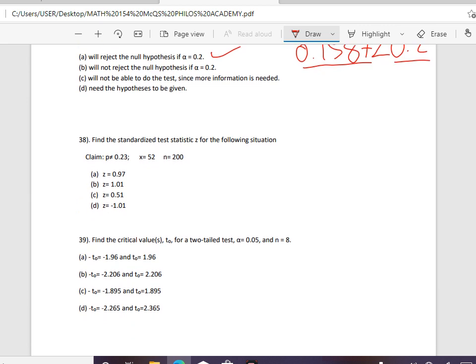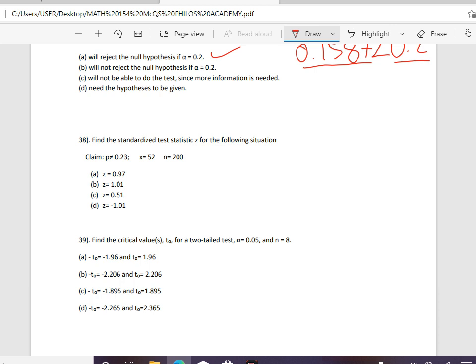We've been given P to be not equal to 0.23, then X to be equal to 52, and N to be equal to 200. Now to solve this, we are going to find the value of Z, isn't it? Yeah.